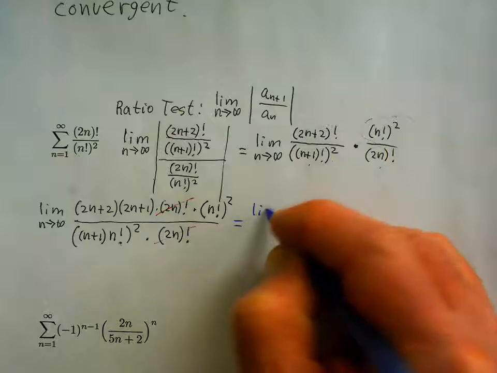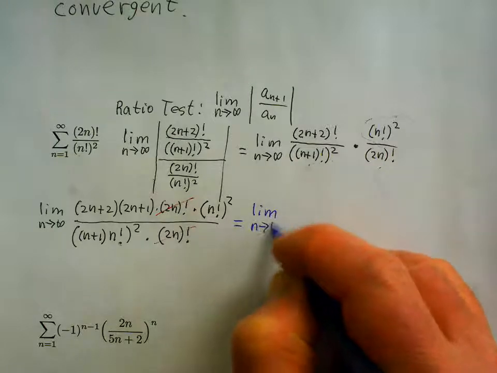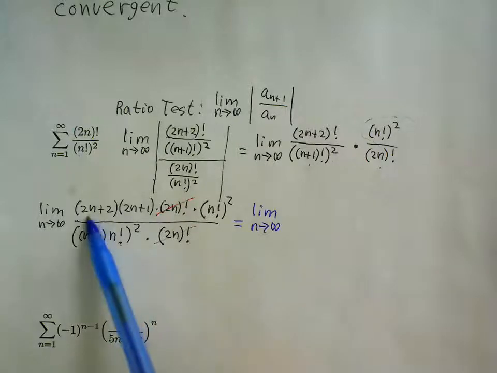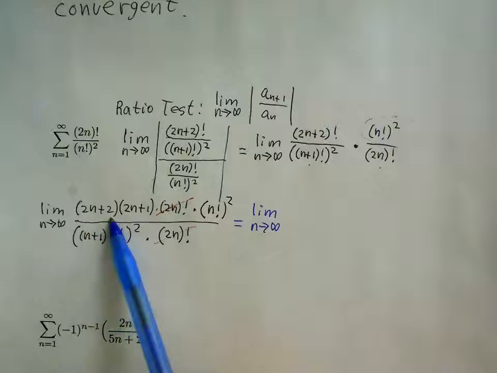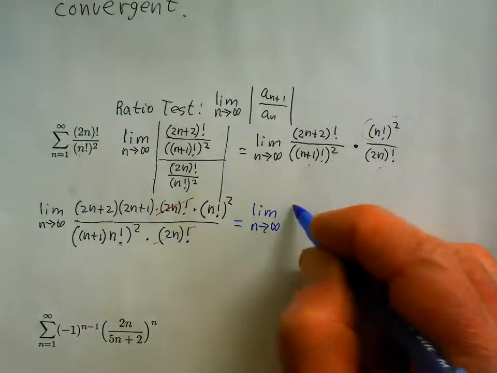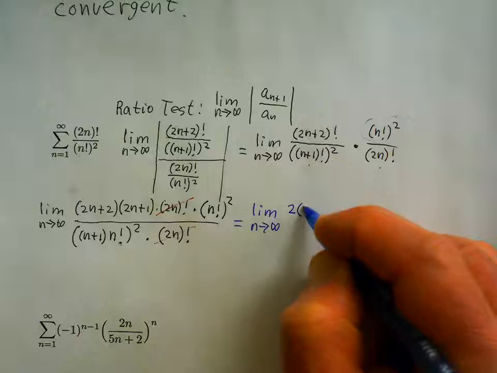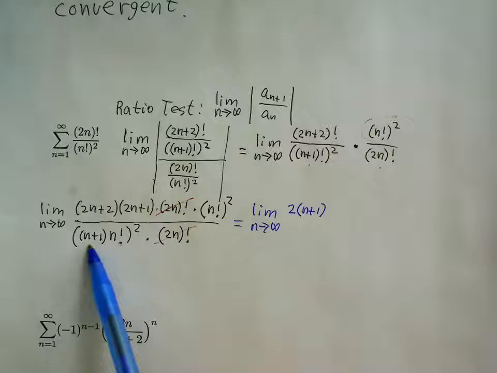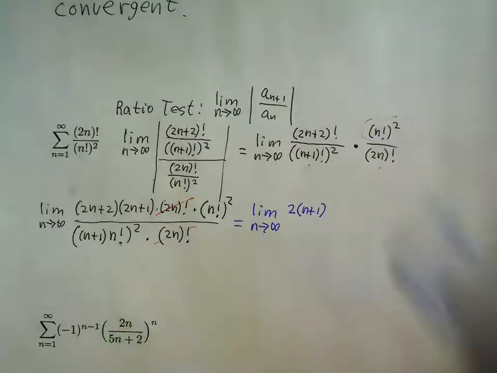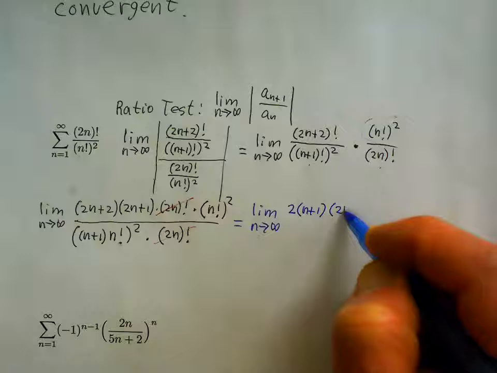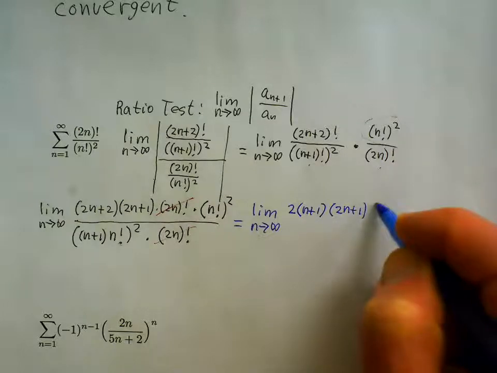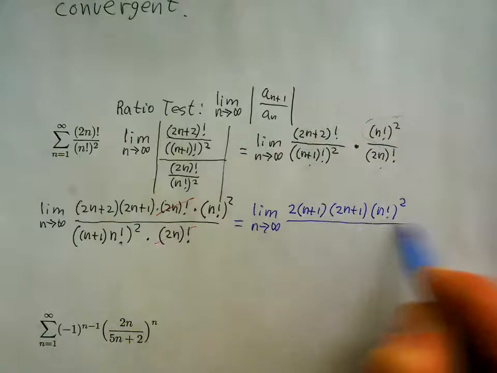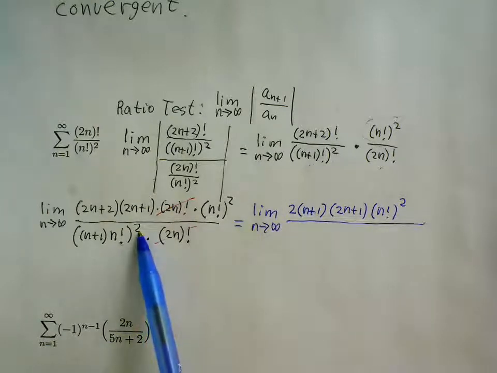But let's go ahead and write the next term with a couple of changes. This factor here, this binomial 2n plus 2, I'm going to write that as 2 times n plus 1 because I see a factor of n plus 1 in the denominator. So be careful with the arithmetic.